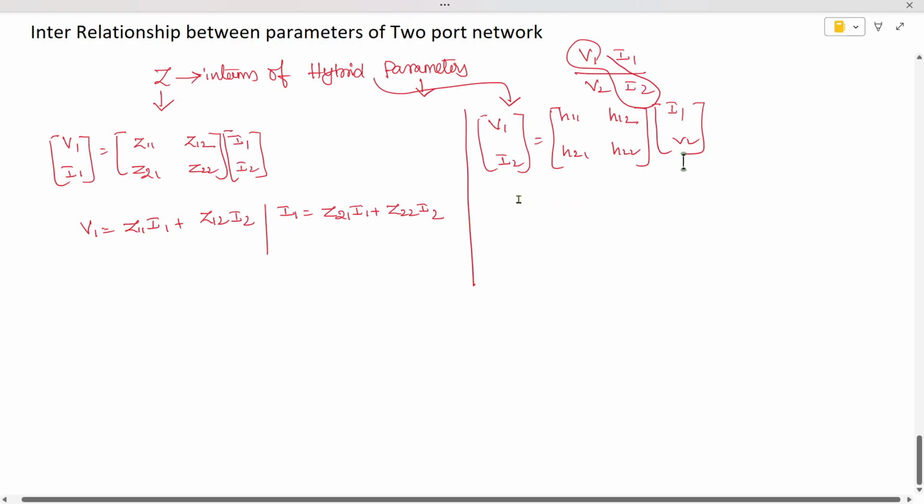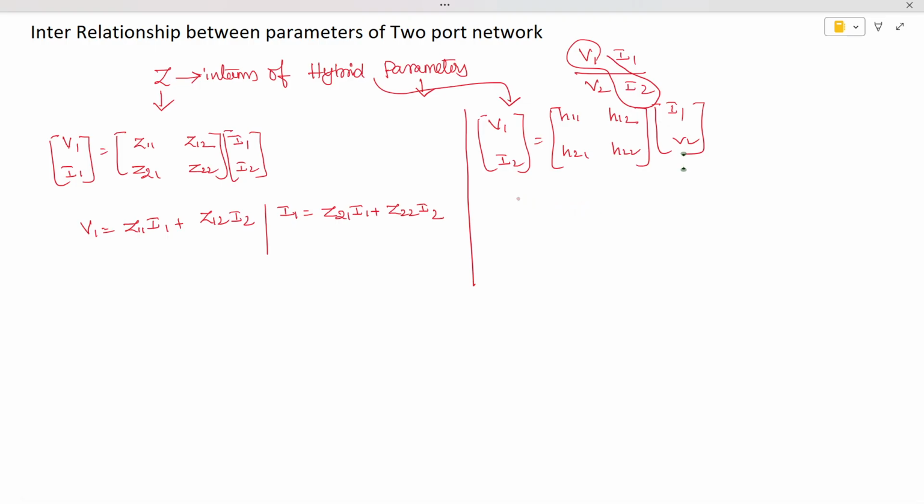So here the expressions we are going to get are V1 is equal to H11 I1 plus H12 V2. The next equation is I2 is equal to H21 I1 plus H22 V2.